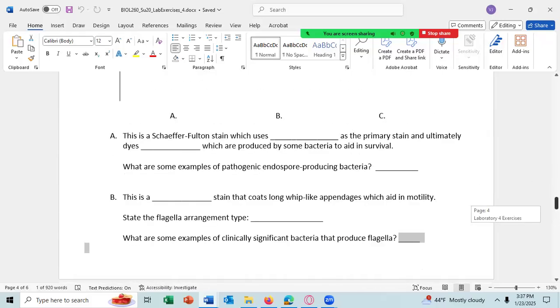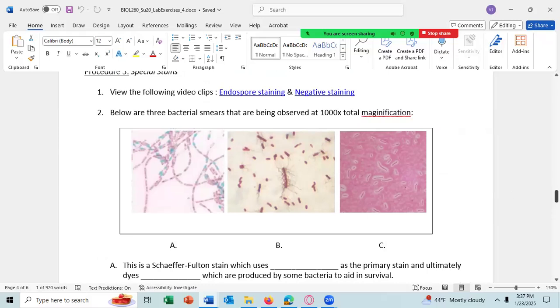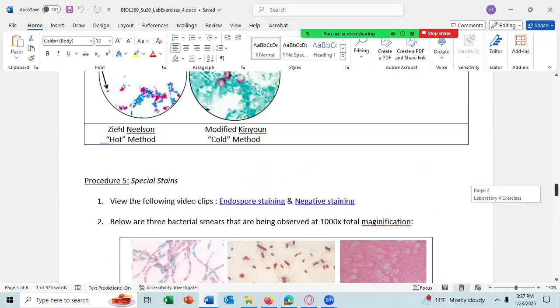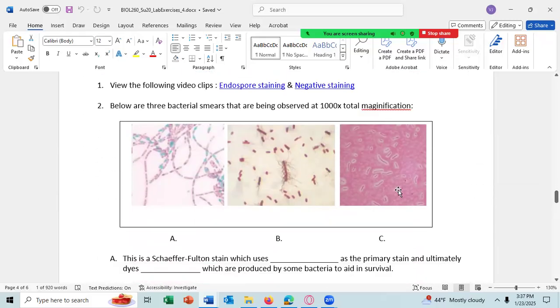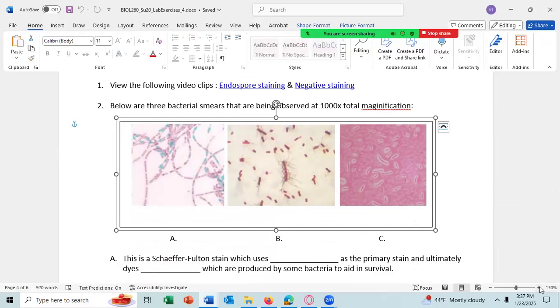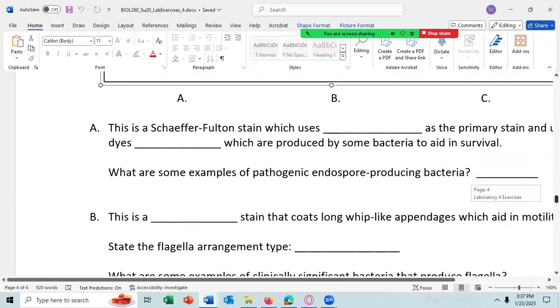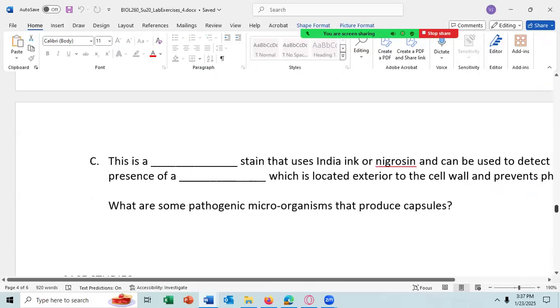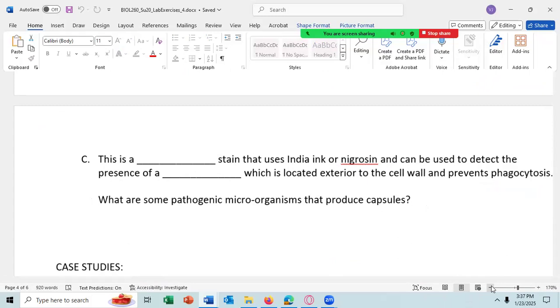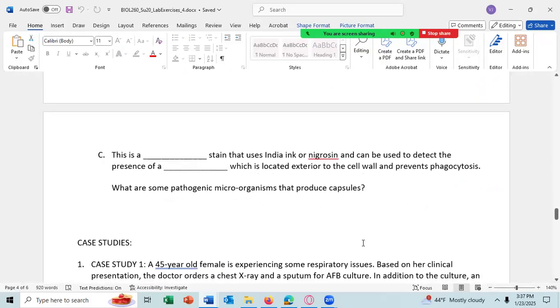And remember, C goes to picture C here. You can blow that picture up, by the way, so you can see that better. Yeah, that's better. Now let me shrink it down a little bit. And then 5C3, what are some pathogenic microorganisms that produce a capsule? And you can get that from the lab module.